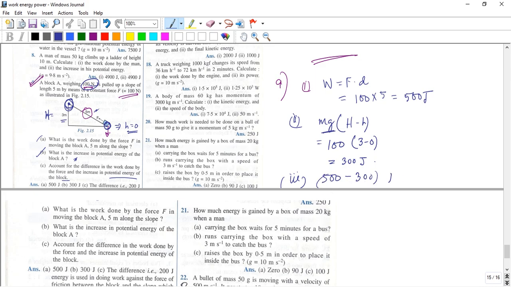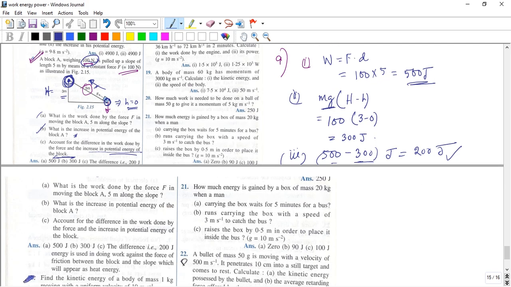We get a difference of 200 joule. First we calculated the work 500, and the potential energy is 300, so the difference is 200 joule.